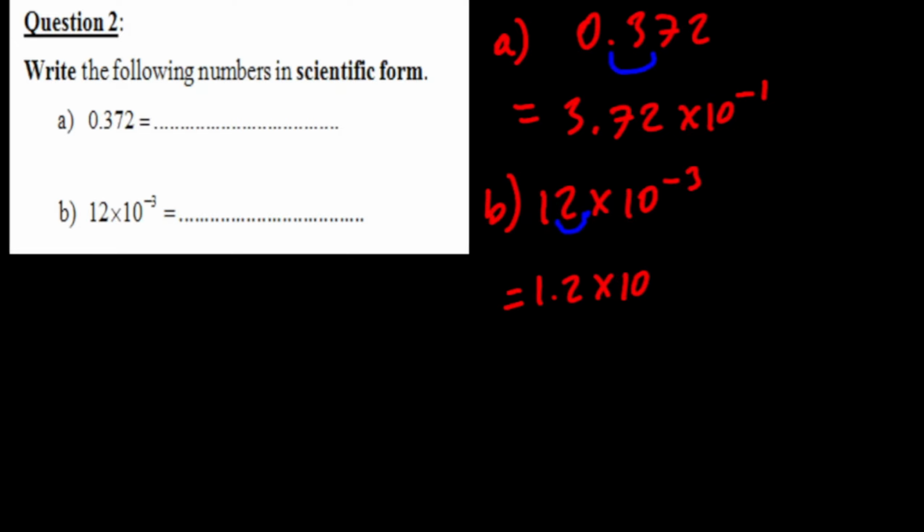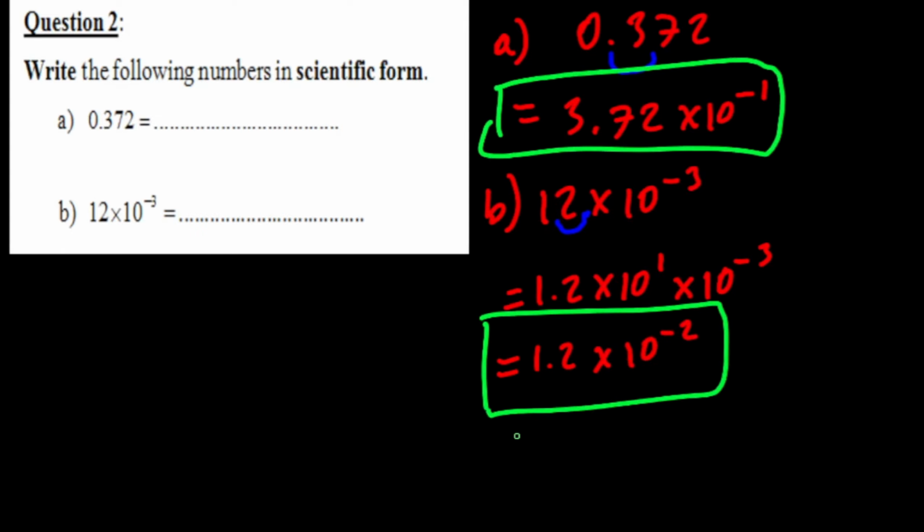That's 10 to the power of 1 multiplied by 10 to the power of negative 3. So that 1.2 stays the same, and when you're multiplying two numbers with the same base, different exponents, you add the exponents. So it's 1 plus negative 3, which is 10 to the power of negative 2. Hopefully you understood the concept, and we can move on to question number 3.